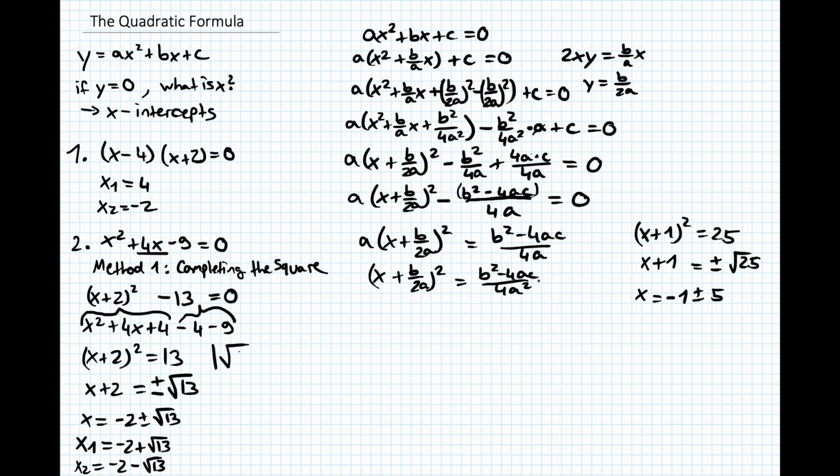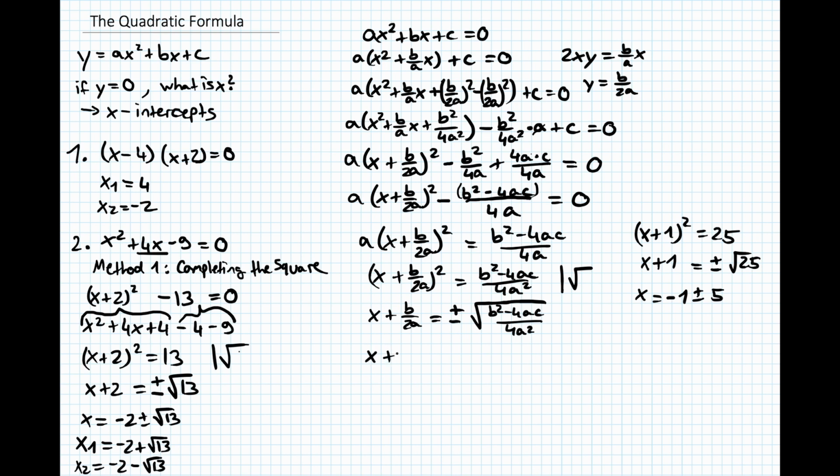So now we'll take the square root on both sides. We'll be left with x plus b over 2a is equal to, now again, positive or negative, and the square root of b squared minus 4ac divided by 4a squared. So as you might know, if you take the square root of an expression, you can also take the square root of the numerator and denominator separately.